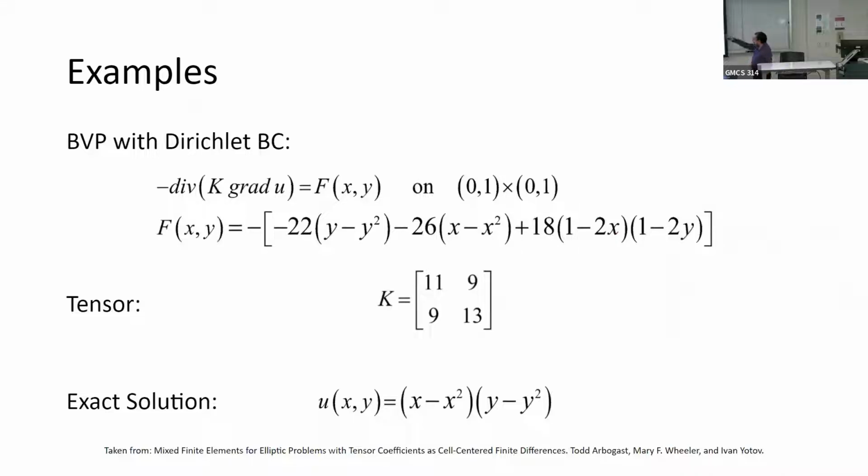So then another example here. This one is a little bit more complicated. It has a full tensor, even though the problem is not that hard. And this was taken from a paper of people who are well known and well appraised in the literature. I don't know if you can read the whole thing there.